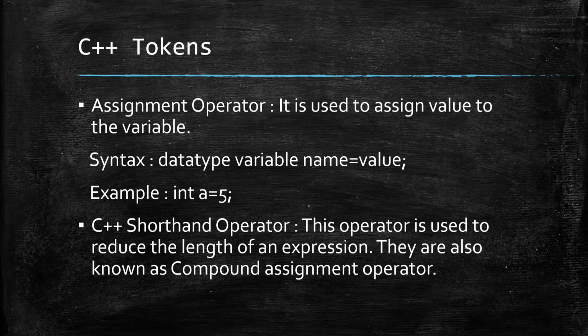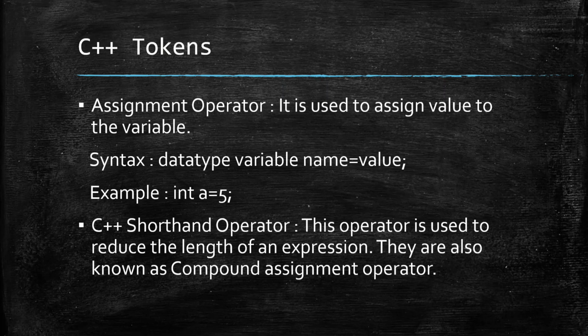So here, as I said, a is equal to 5 means I'm storing this 5 in a variable called a. So this is the work of the assignment operator. Assignment is always done from right to left. Fine, and never miss the semicolon, because you'll get a syntax error.